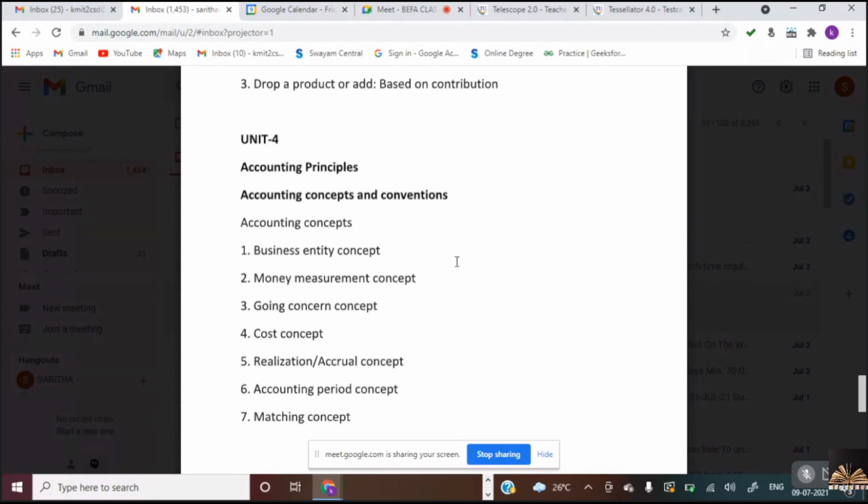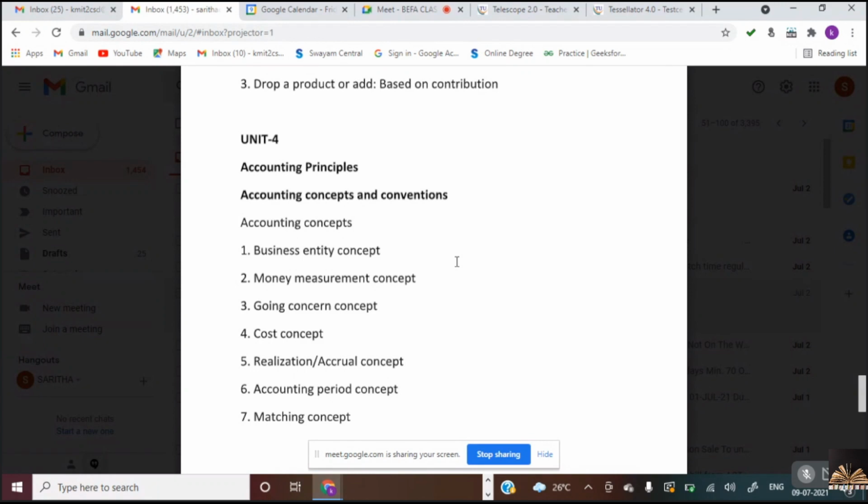But how will employee satisfaction be measured in terms of money? Can you measure it? Employee satisfaction or consumer satisfaction, can it be measured in terms of money?